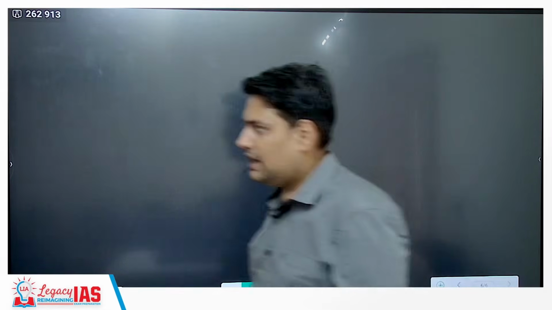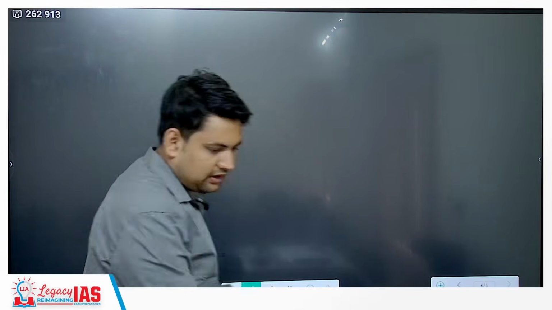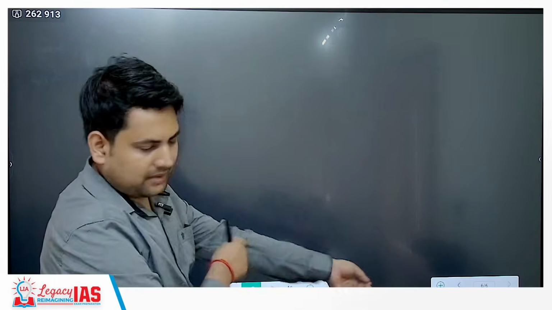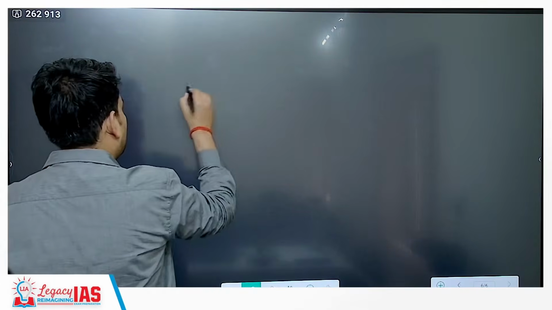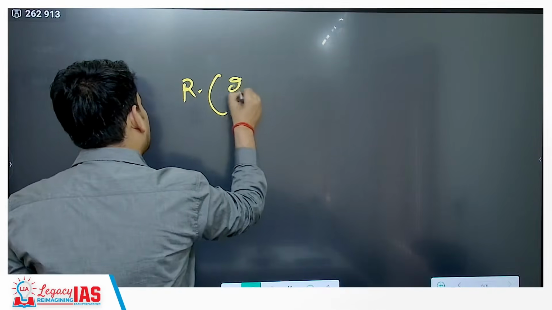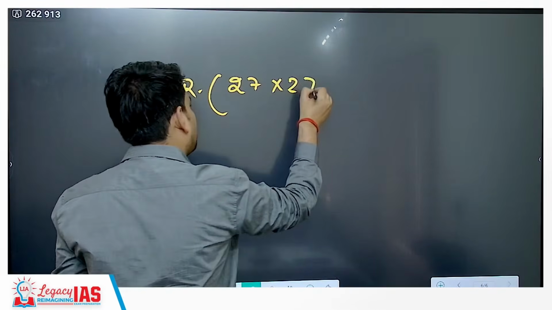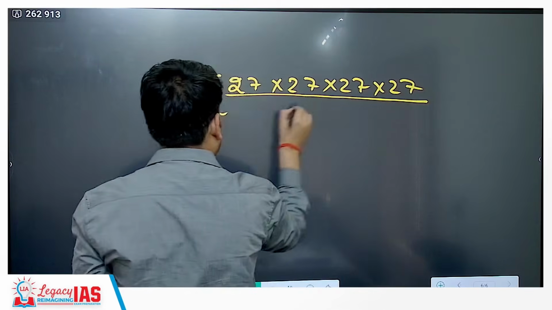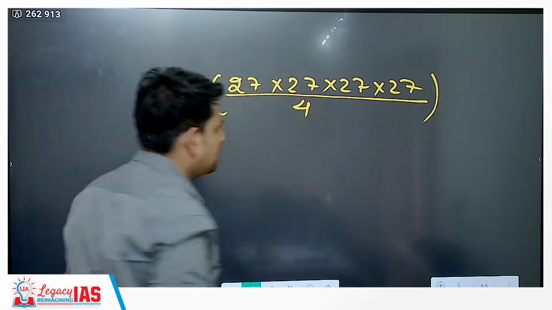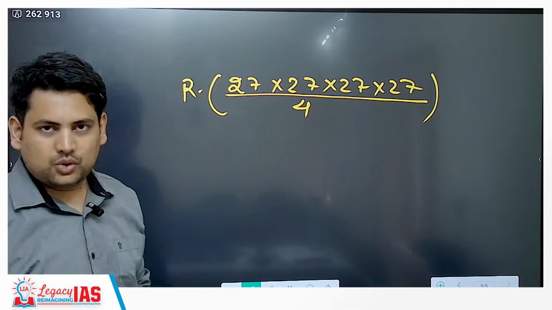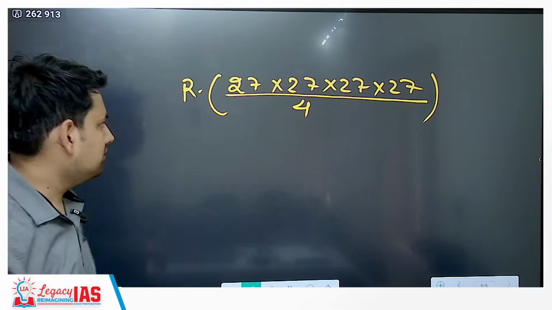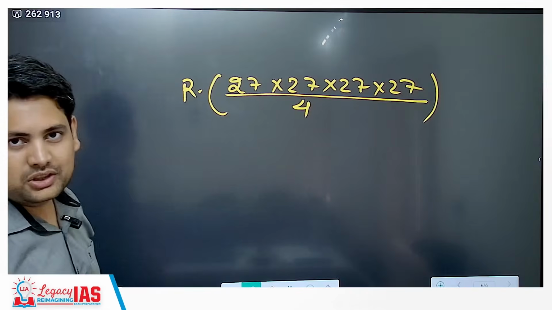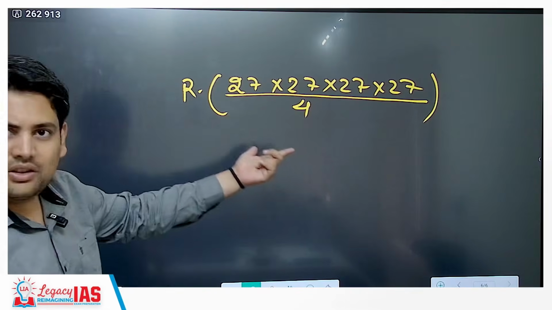Now this concept sometimes helps you a lot in solving a question. For example, let's say this. A simple example we are taking: you need to find the remainder when 27 multiplied 4 times is divided by 4. Now, the old way, it is always distributive.